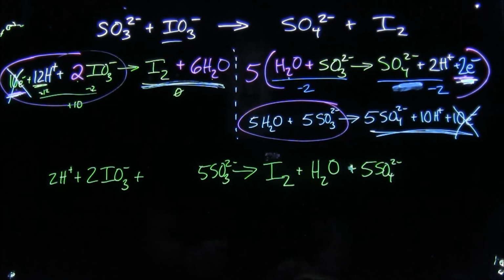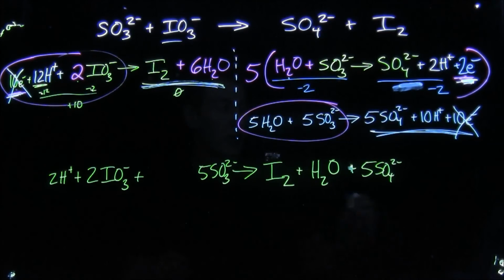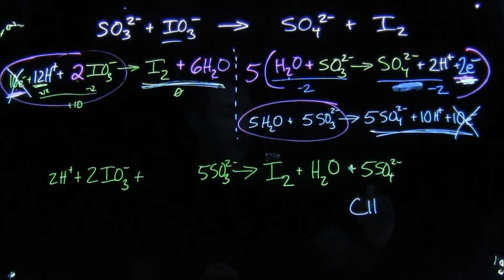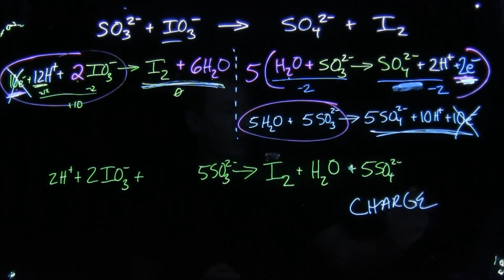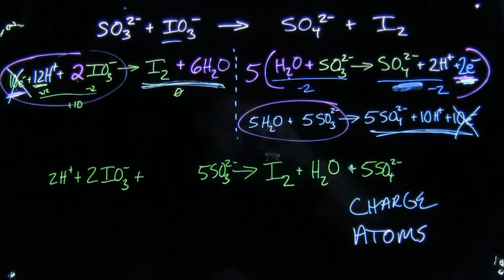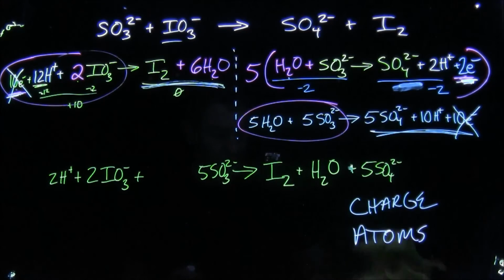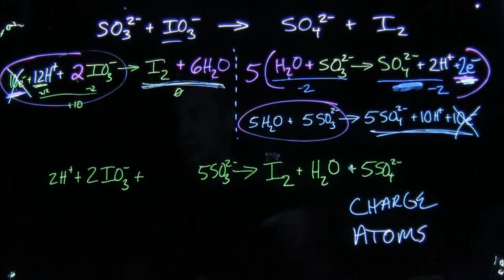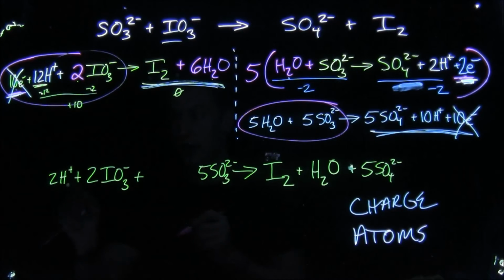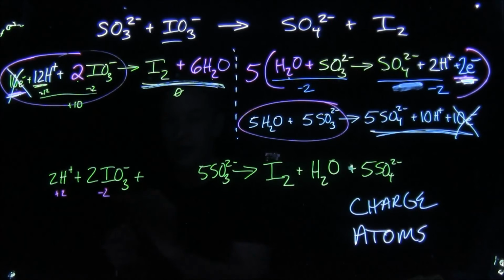All right, now you can check to see if you did this correctly. The way you can do that, you're going to look at it in terms of charge, and you're going to look at it in terms of atoms. So is the charge balanced? Is the charge the same on both sides? So you've got, let's see, you got 2 hydrogen ions, so that's positive 2. You got 2 iodates, that's minus 2.